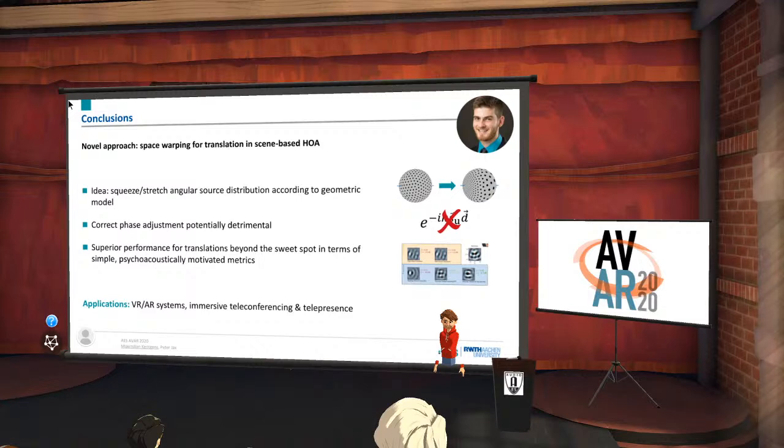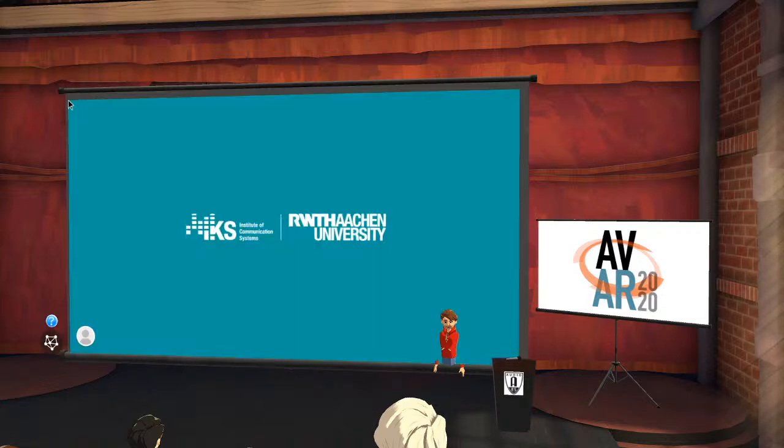And with our psychoacoustically motivated, very simple metrics, we achieved superior performance, even for translations beyond the sweet spot. And we see VR and AR systems, immersive teleconferencing and telepresence as possible applications for our work. Thank you.